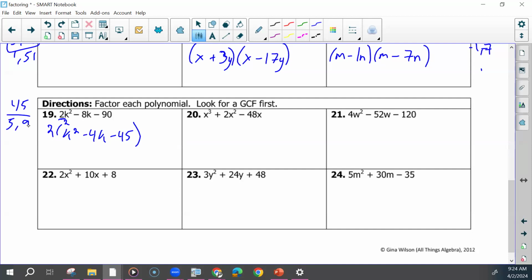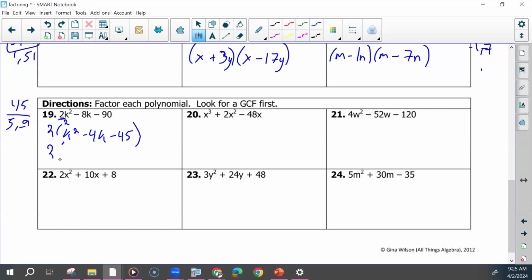One of them would have to be negative. Which one could be negative so that we get negative 4? Negative 9. Yes.